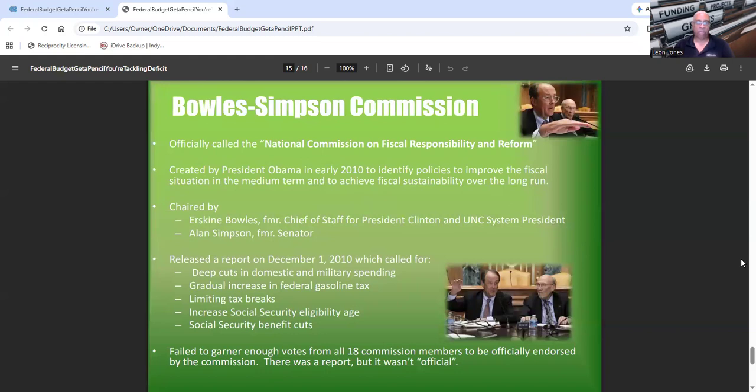A report was released on December 1st, 2010, which called for deep cuts in domestic and military spending, a gradual increase in the federal gasoline tax, limiting tax breaks, an increased Social Security eligibility age, and Social Security benefit cuts.